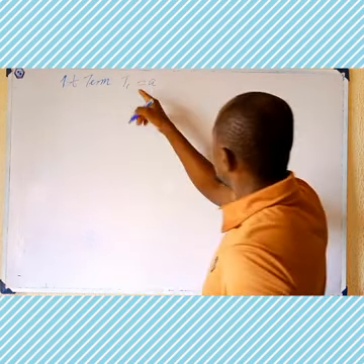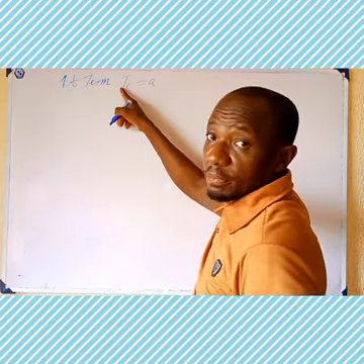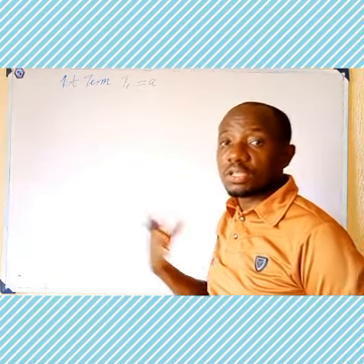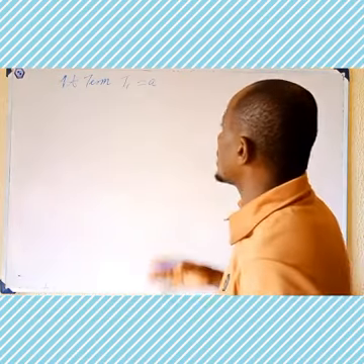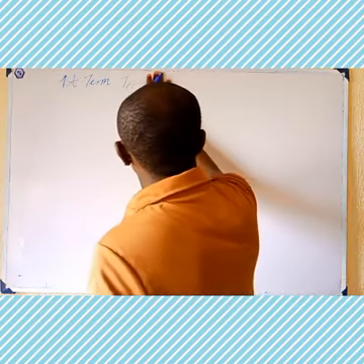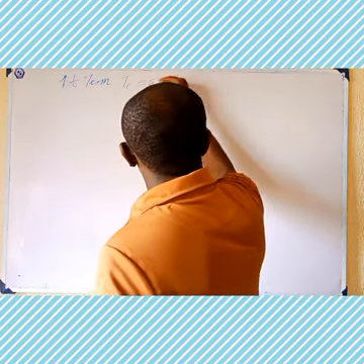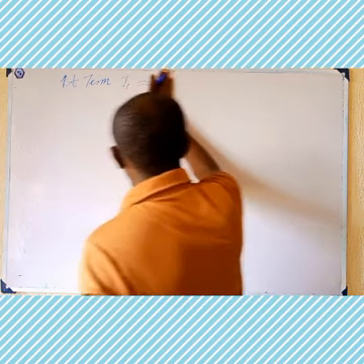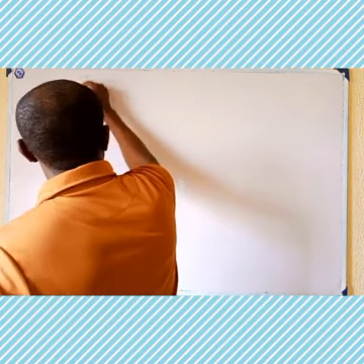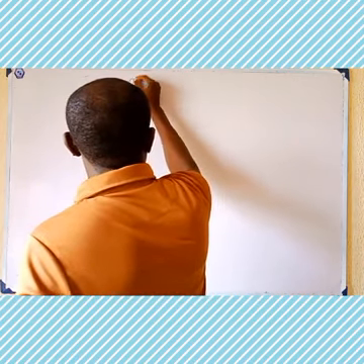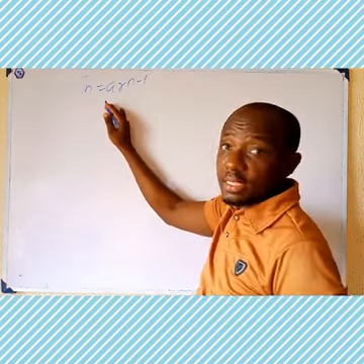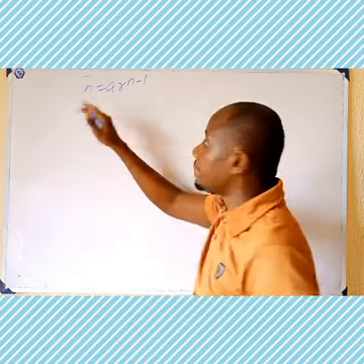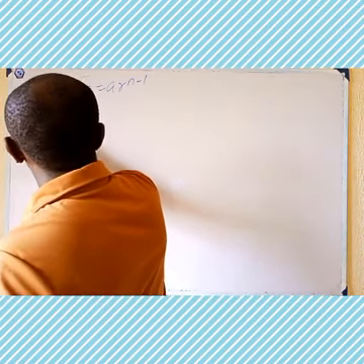From the nth term, we are trying to generate the first term, second term, third term. For the first term, wherever you see n, put 1. Let's look at the nth term again: Tn is equal to ar^(n-1), the general term.